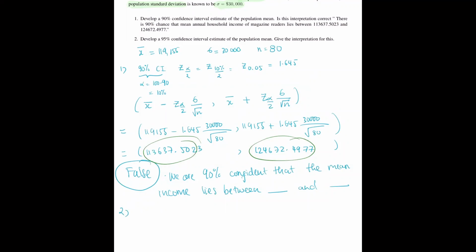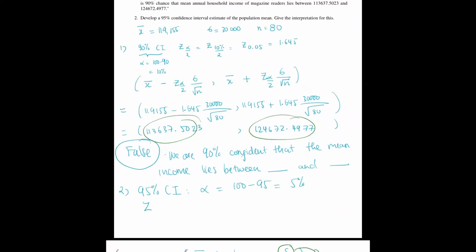So here we want to find the 95% confidence interval, which means our alpha will be 100 minus 95, which is 5%. And here you would want to find z at 5% divided by 2, z of 0.025. Which means that I want to find the z here, such that this area is 0.025.